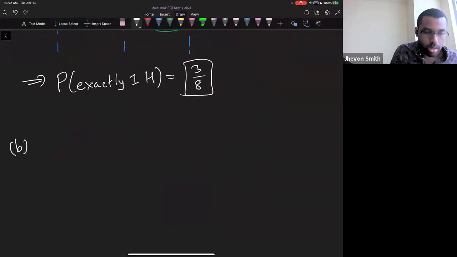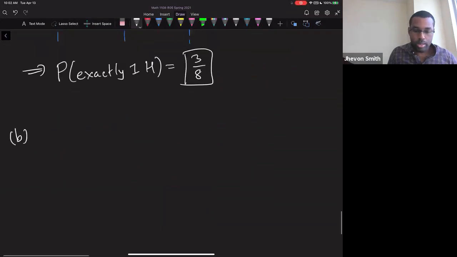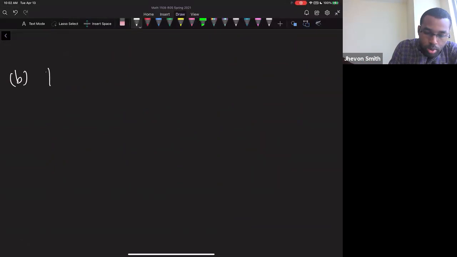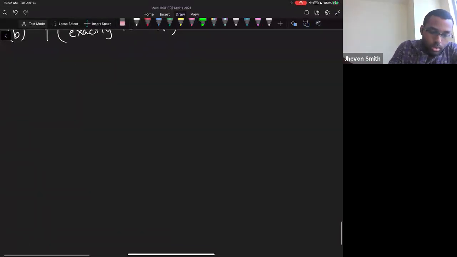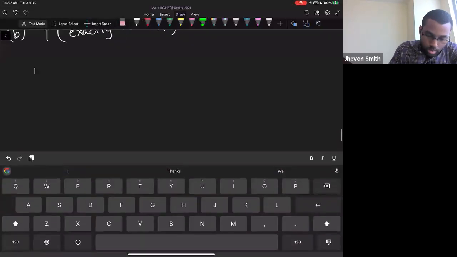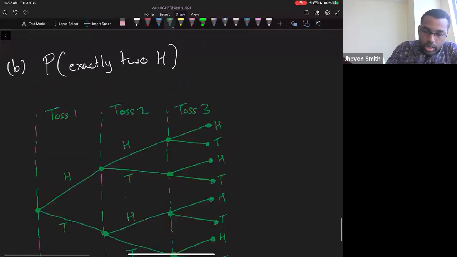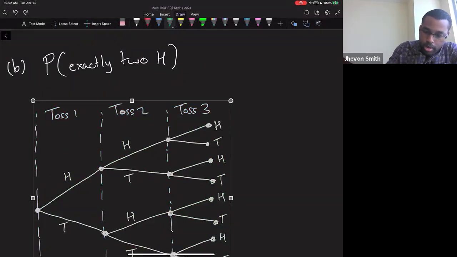B, and again, you don't need to redraw the diagram. I'm just doing this because if I start drawing green arms over stuff and erasing them to draw the arms for the other one, it's going to get confusing. So here we want the probability of exactly 2 heads.